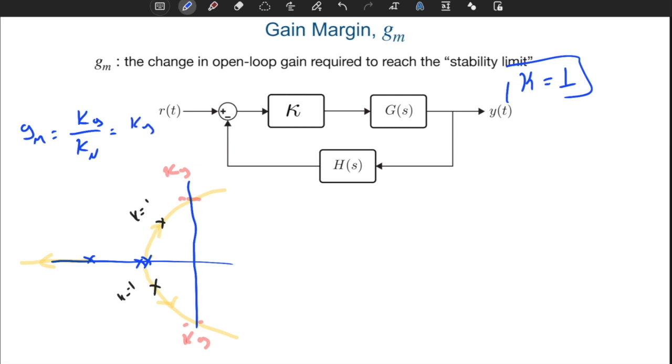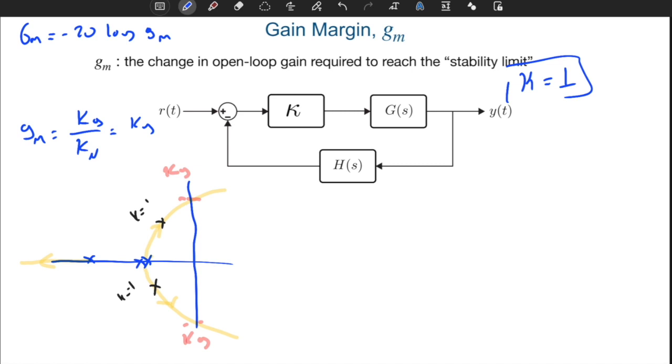This is my gain margin in terms of absolute units, so this is a magnitude. If you remember, in the Bode plot we converted magnitudes to decibel units. We can do the same thing for the gain margin. Gain margin in decibel units is equal to 20 log base 10 of the gain margin.